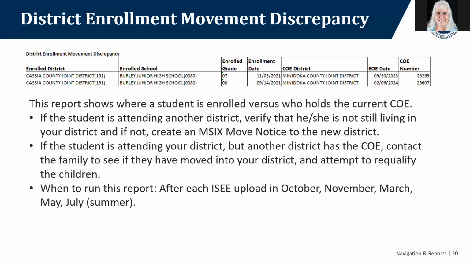And then when to run this report, I would run this report after each IC upload. And those are in mid-October, November, March, I believe May, and then July after summer school. But really the big ones are probably going to be October, November, and March that will give you that information based on the student's current enrollment, which we get through IC.